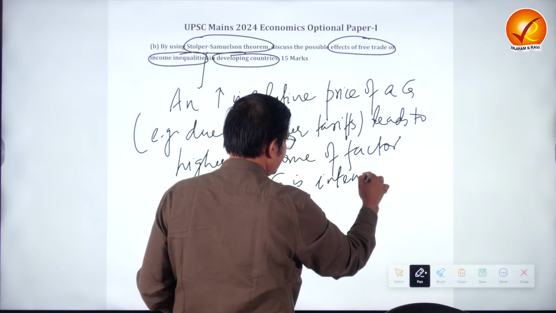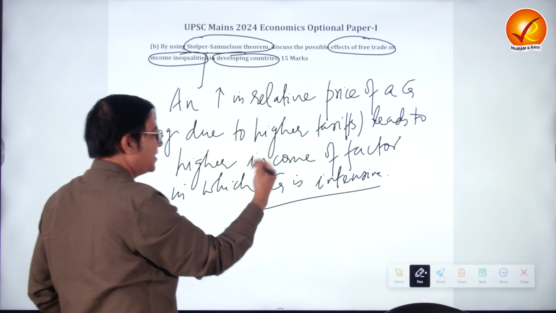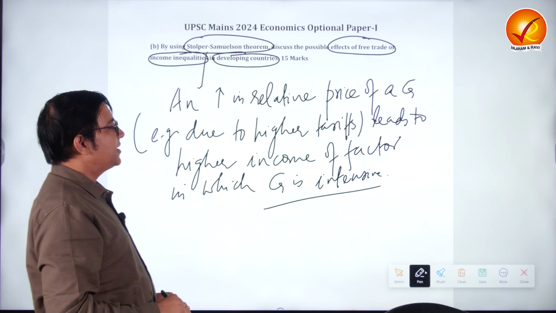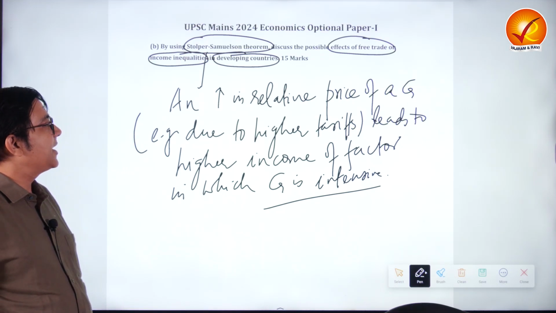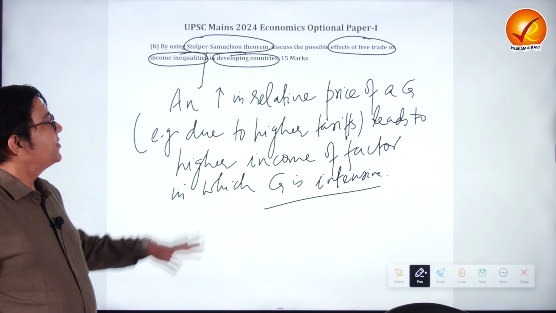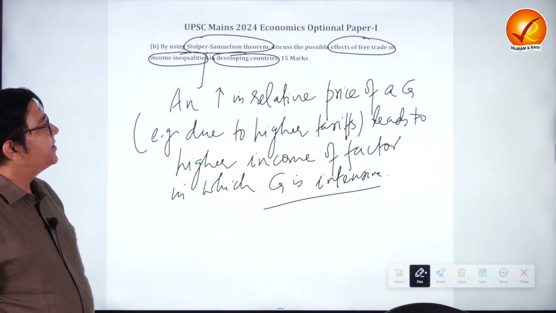As in, if the good is labor intensive, it will lead to higher wages. If the good is capital intensive, it will lead to higher income for the capitalist. So that is the Stolper-Samuelson theorem.